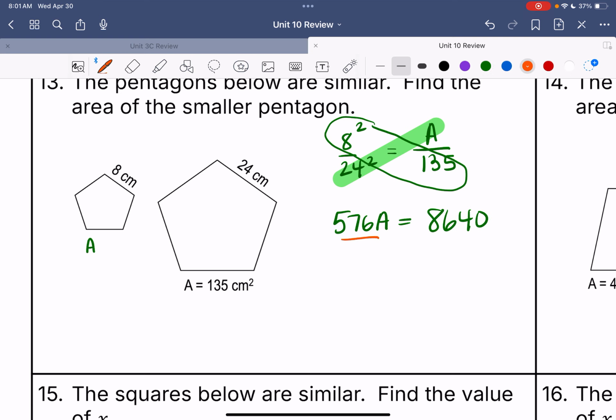We want A to be by itself, so let's divide by 576. And A equals 15. So the area of the smaller one is 15 square centimeters.